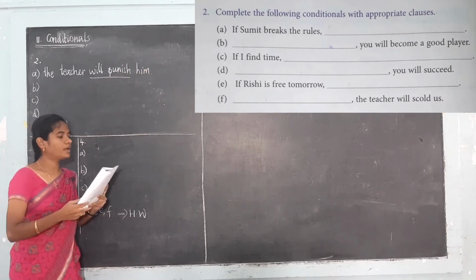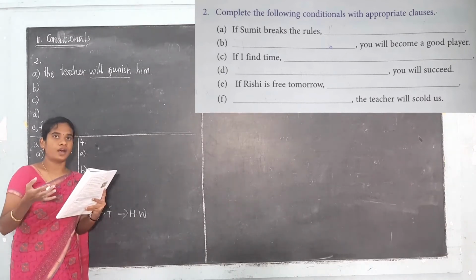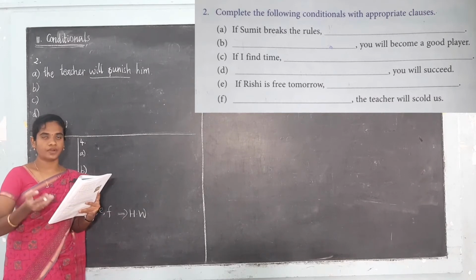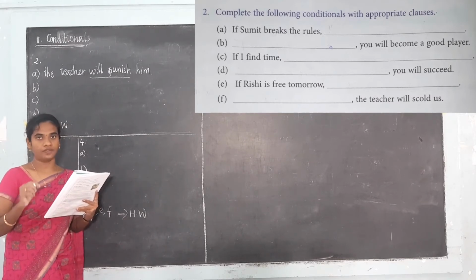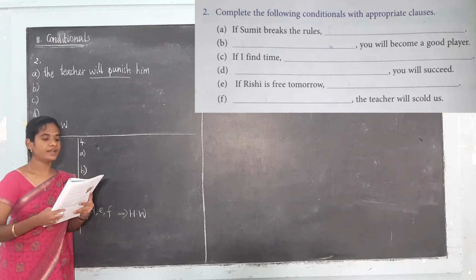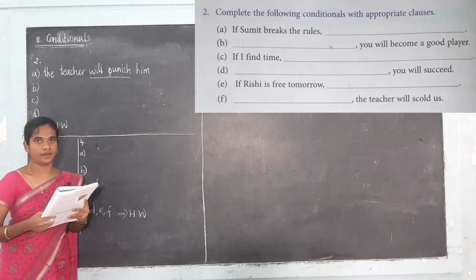See the second one. So here they ask to write the if clause. Okay. And the main clause they have given. You have to write the if clause in the present tense. Okay. Dash, you will become a good player.